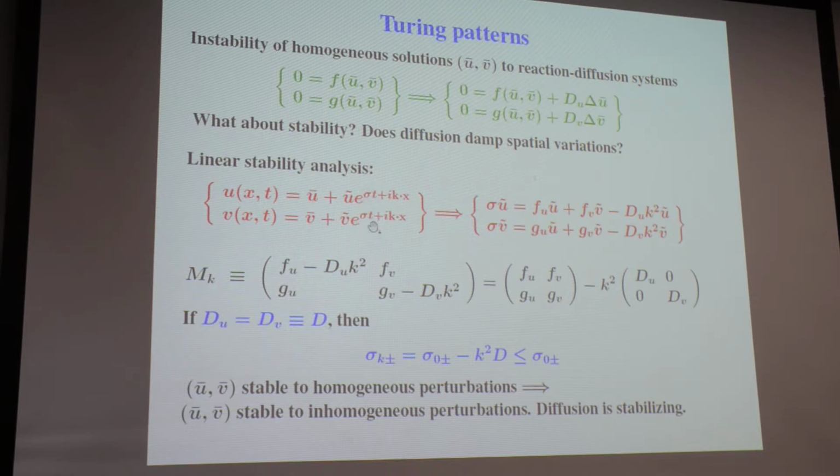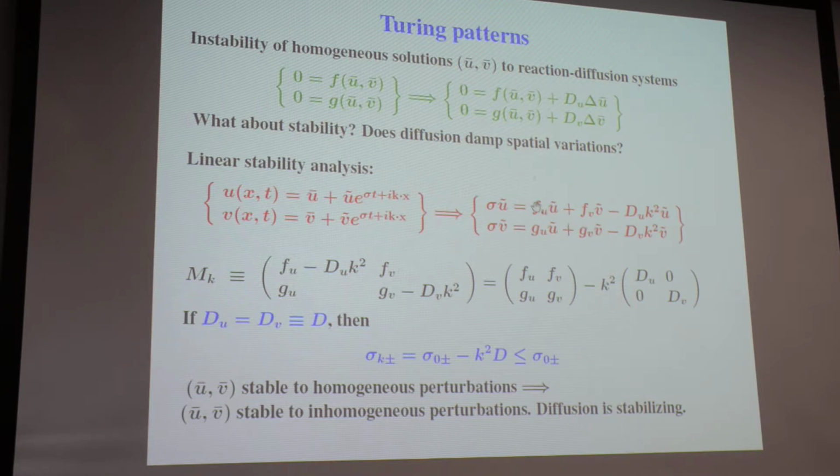And we're going to find the sigma. The sigma is a consequence of the governing equations. So d by dt gives us a sigma, so we get sigma times u tilde and sigma times v tilde. That's a consequence of d by dt. And then the Jacobian, remember that's the linearization of this nonlinear function about u bar and v bar.